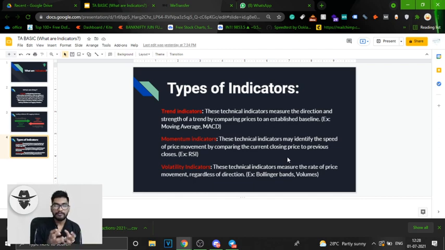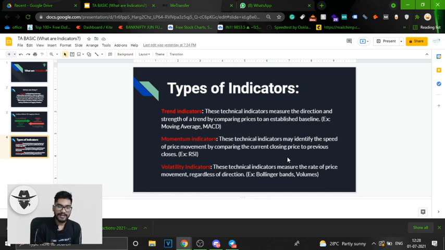Now they will give you an average move, an average number or an average graph on whether the price has been bullish in the last couple of days, or whether the price has been bearish in the last couple of days. So it's an average of the previous days that the indicator is going to tell you. Now, how to use this is the main concept about these indicators. We will get into RSI in a couple of episodes.